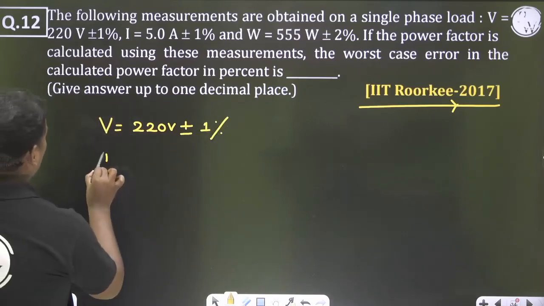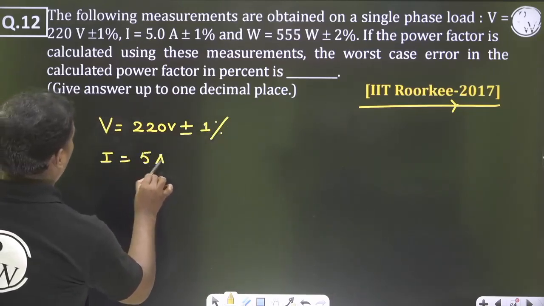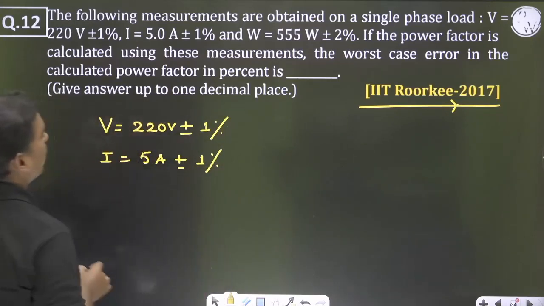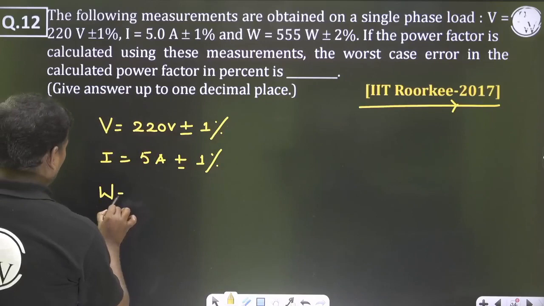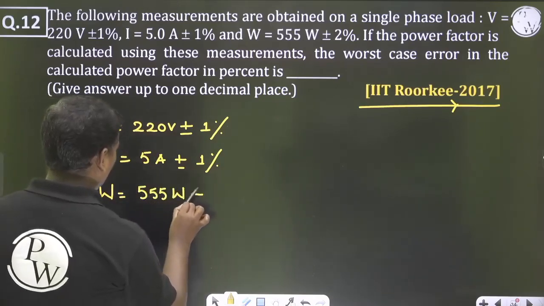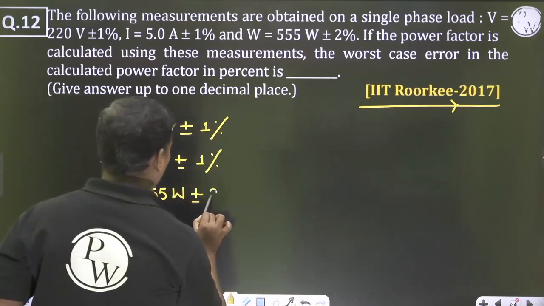I is 5 amperes plus or minus 1%. And W is 555 watts plus or minus 2%.